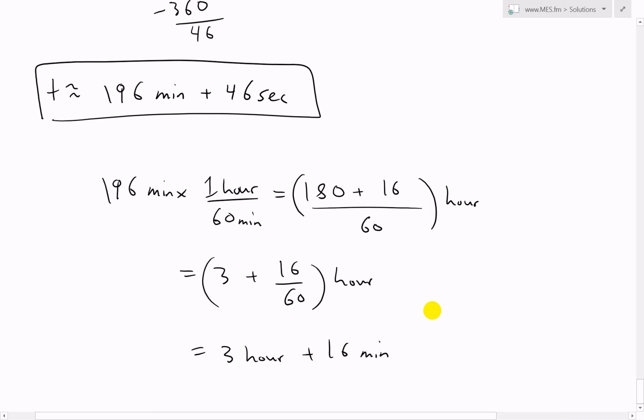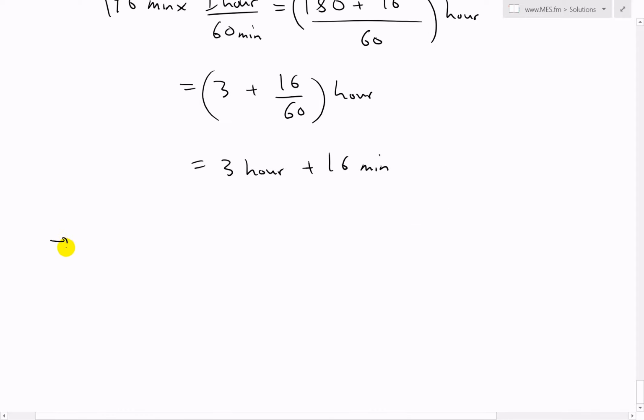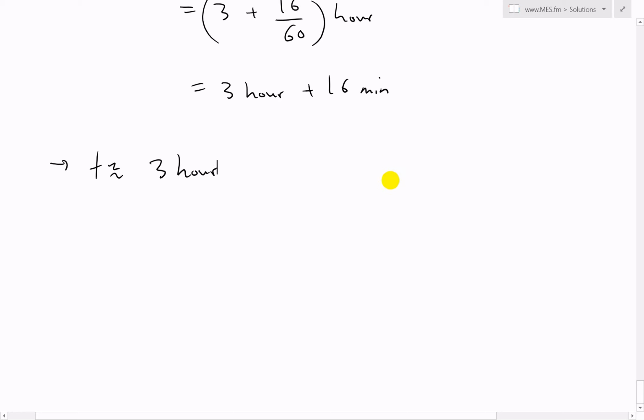And then putting this inside, we get, finally, t is roughly equal to 3 hours, plus 16 minutes, and then plus finally 46 seconds.